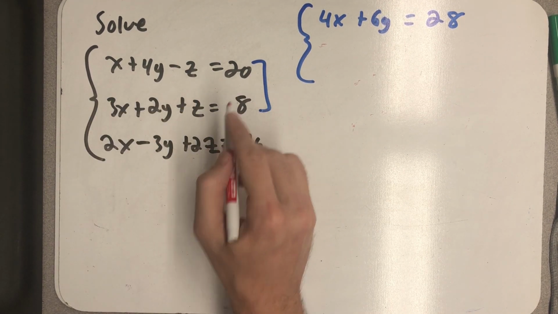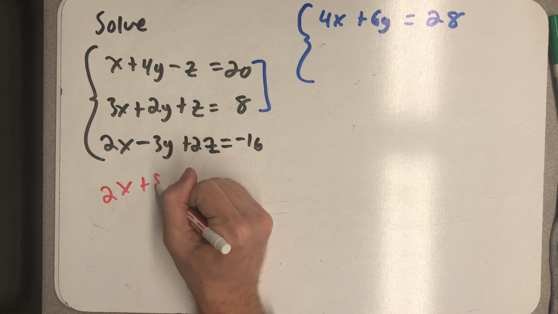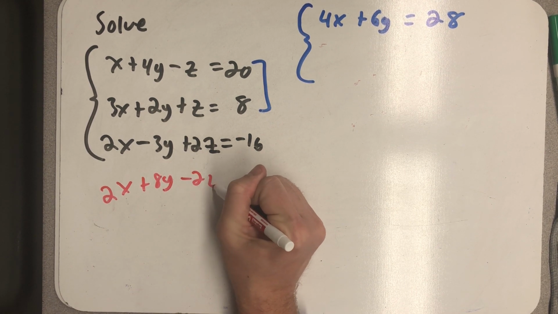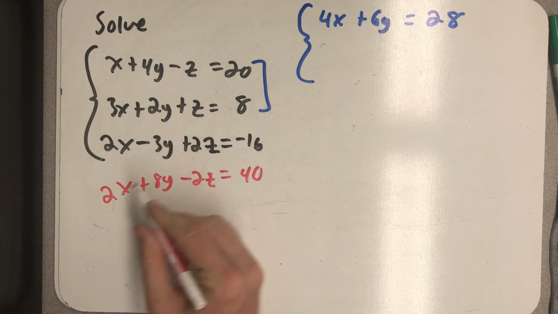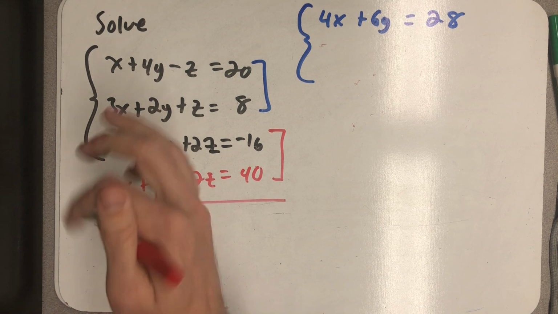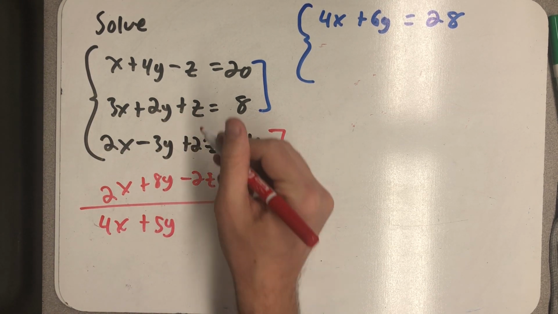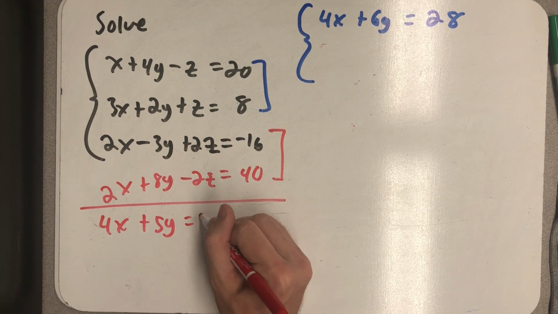So I'm going to multiply everything here by positive 2, and that would give me 2x plus 8y minus 2z is equal to 40. And nicely, I've written these right next to each other, so I'm just going to go on and add them together. So I get 4x plus 5y, the z's canceled by design, is equal to 24.